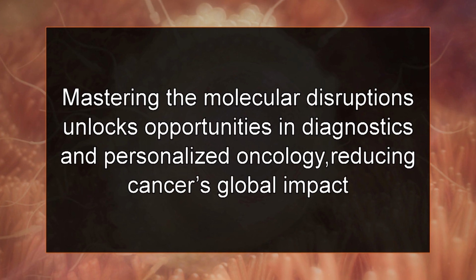Spanning over 100 diseases, cancer arises from disrupted cellular regulation, where loss of contact inhibition and imbalances in proto-oncogenes, tumor suppressors and DNA stability genes fuel tumor formation. Mastering the molecular disruptions unlocks opportunities in diagnostics and personalized oncology, reducing cancer's global impact.